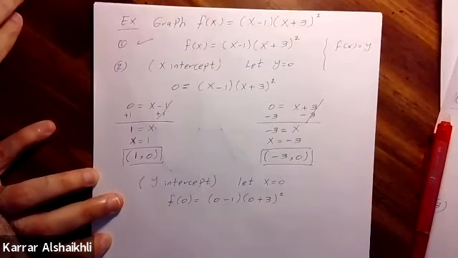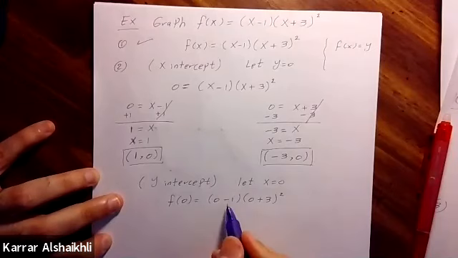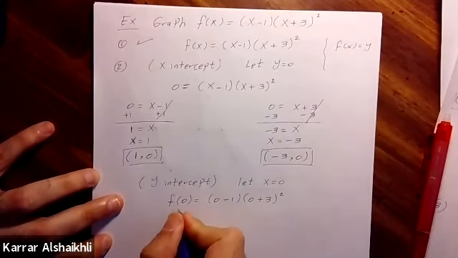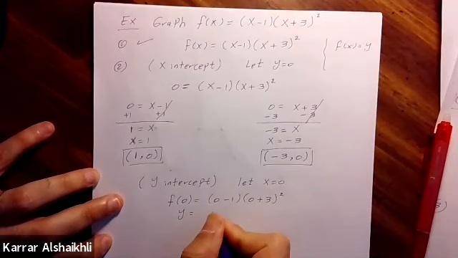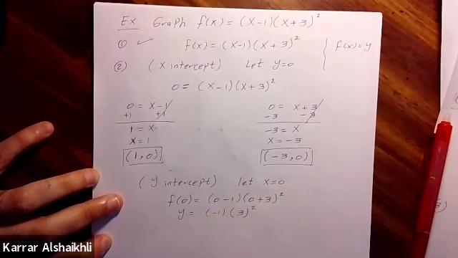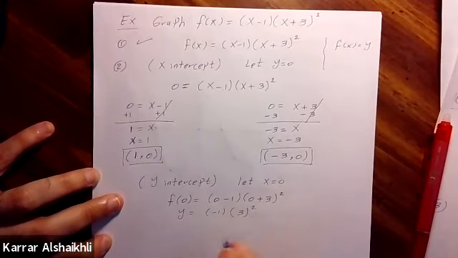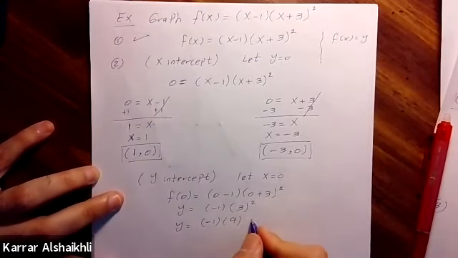Let's check how much the y-intercept is going to be. So 0 minus 1, that's f of 0, it means y equals negative 1. 0 plus 3 is going to be 3 squared. That means y is going to be equal to negative 1 times 3 squared, which is 9. Negative 1 times 9 is going to be negative 9.